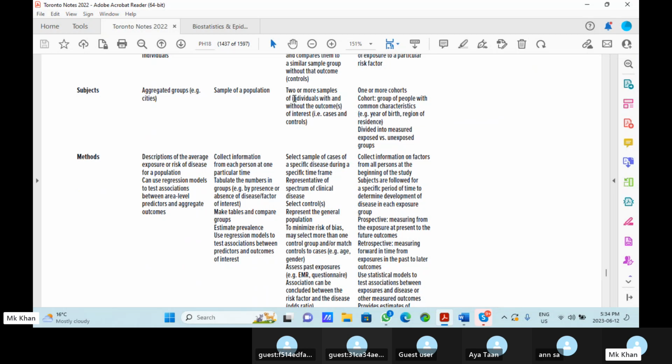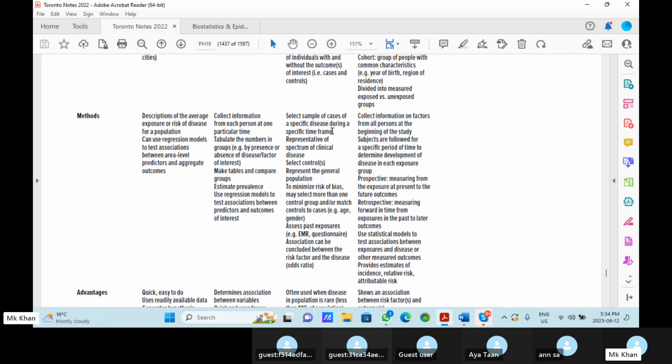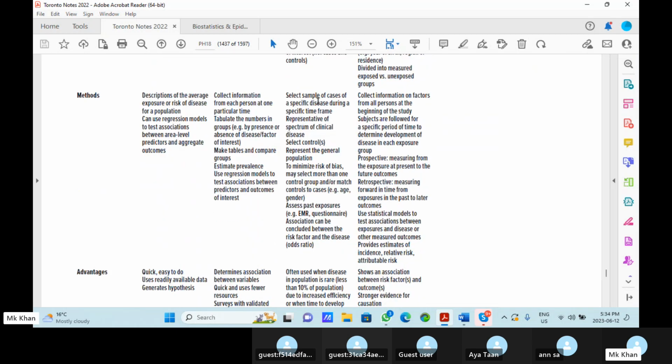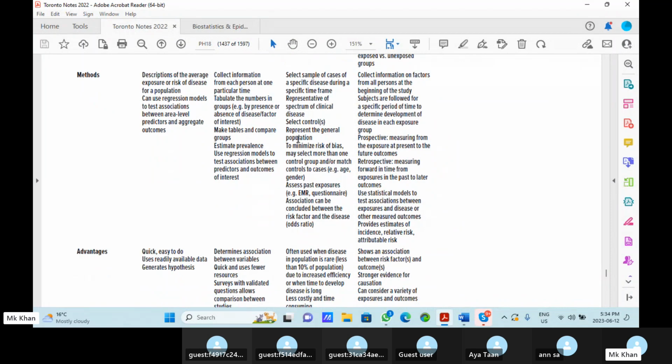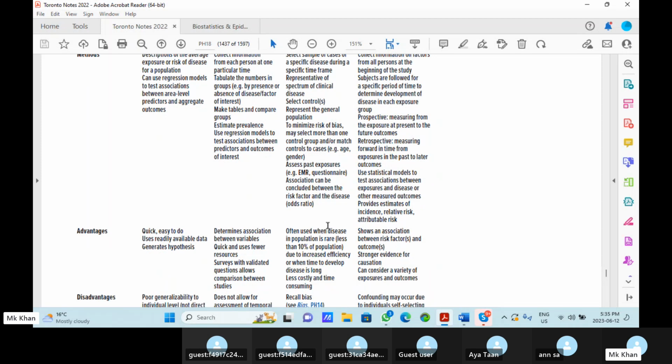We take two or more samples of individuals with and without the outcome of interest, and then select a sample of cases of a specific disease during a specific time frame. To minimize risk of bias, we may select more than one control group or match controls to cases. These are just examples.